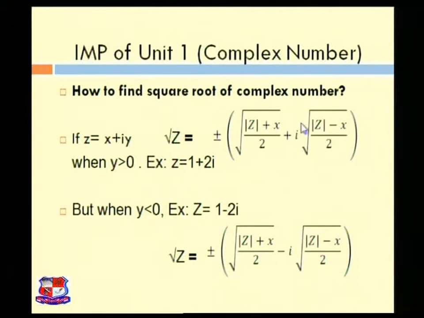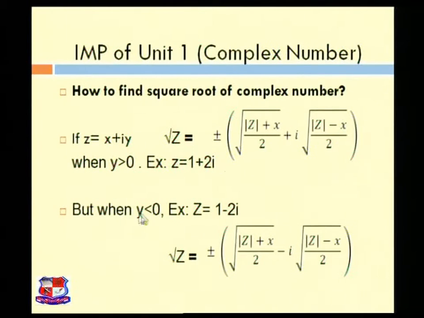This equation applies when our y value is greater than 0. For example, 1 plus 2i: here 2 is our y, and y is greater than 0, so we must remember the plus sign.